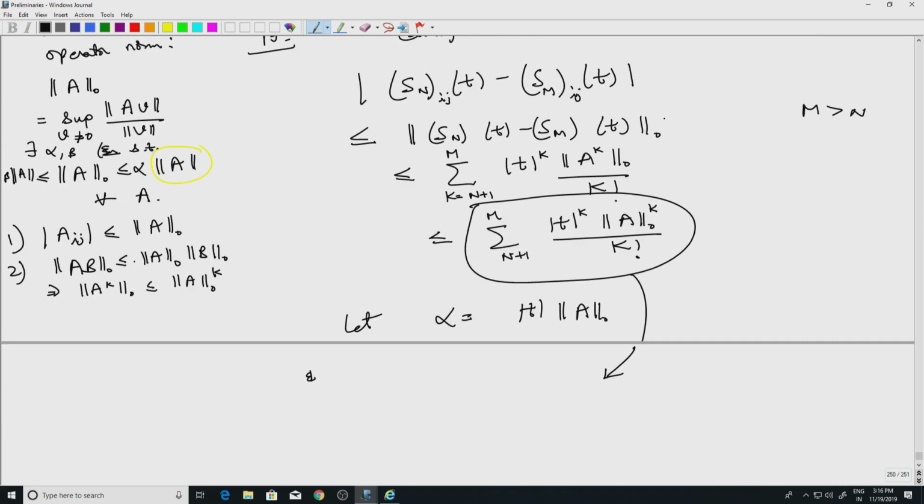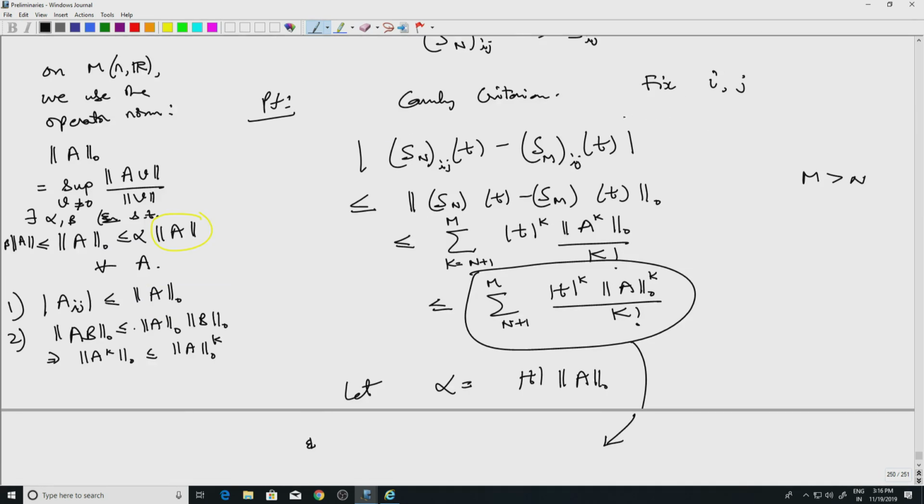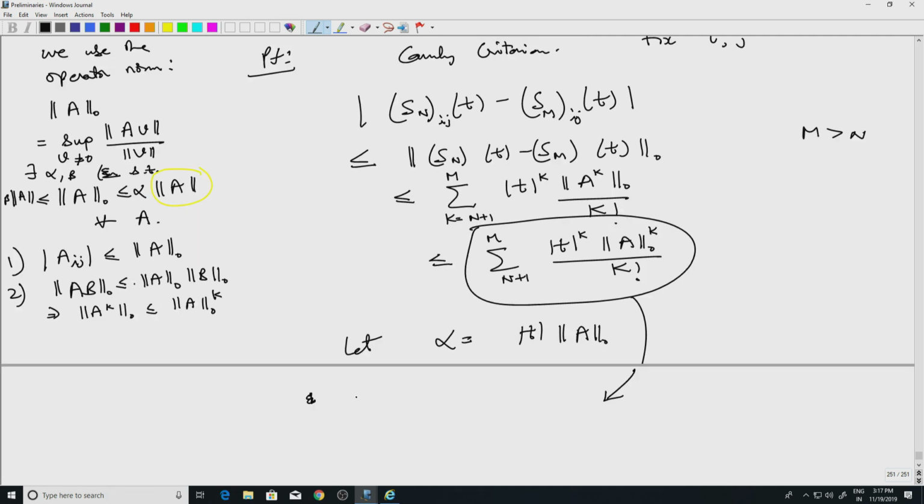So I wanted to apply the Cauchy criterion. I looked at the difference in partial sums between the ijth entry of S capital N and S capital M. By using the operator norm, I was able to reduce it to this thing here.